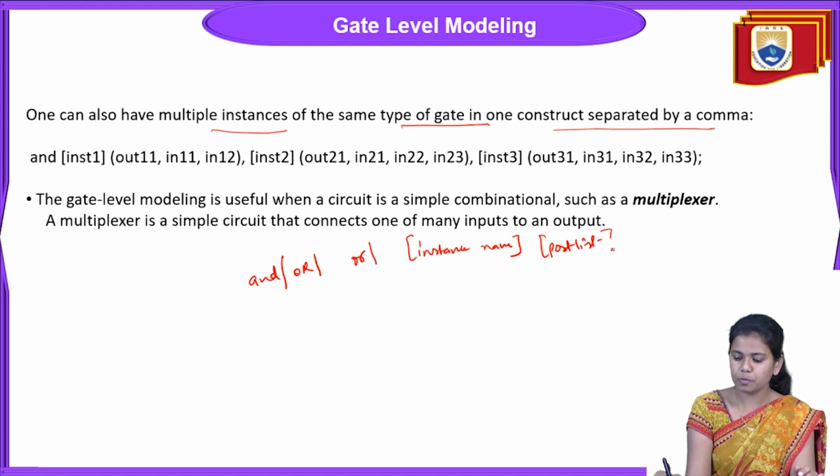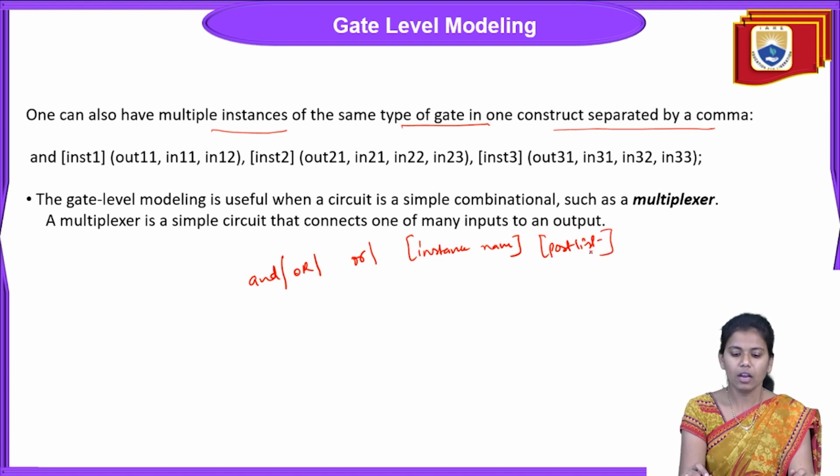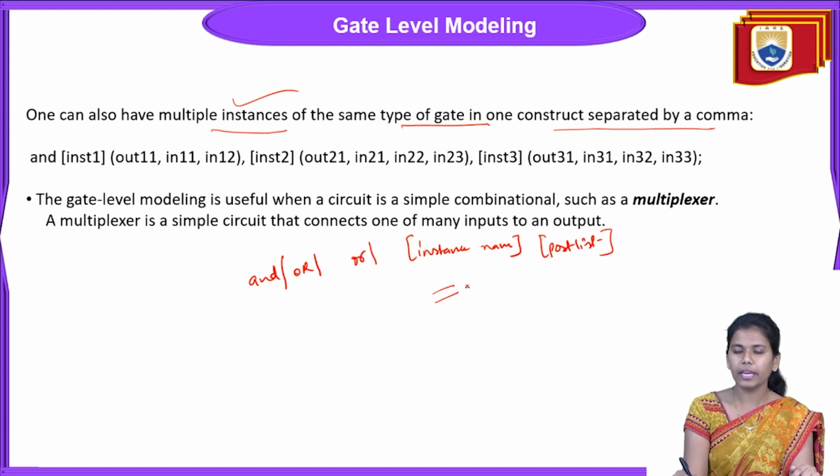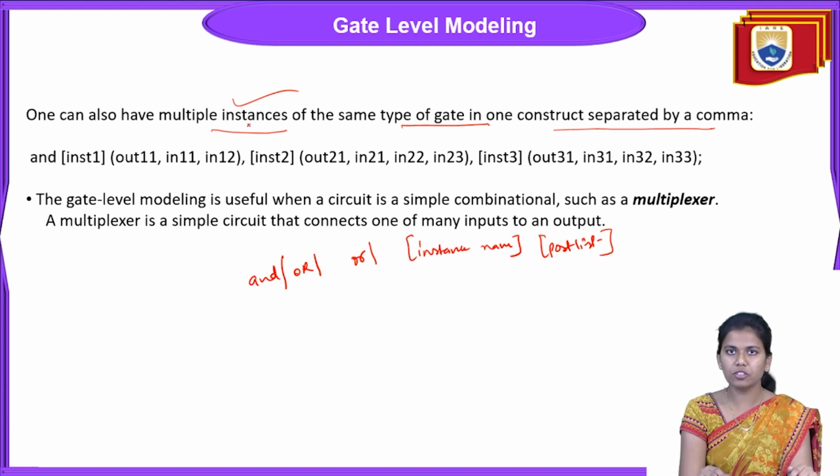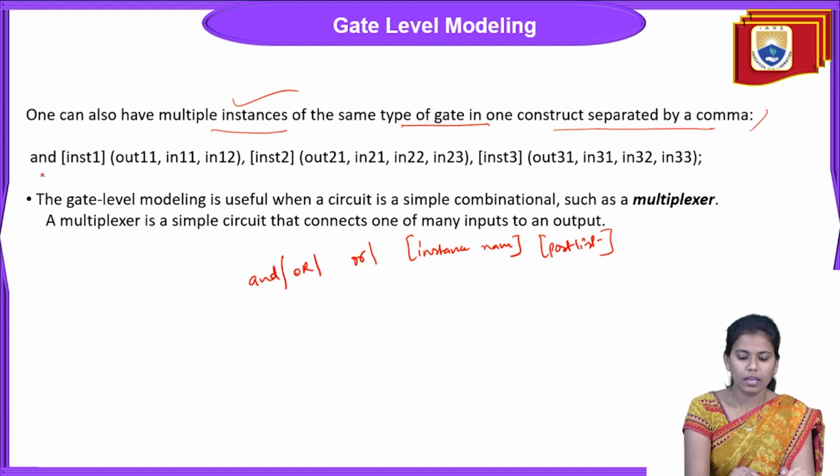This sentence tells us that not only can we choose one, we can also choose multiple instances of the same type of gate, separated by commas like this.